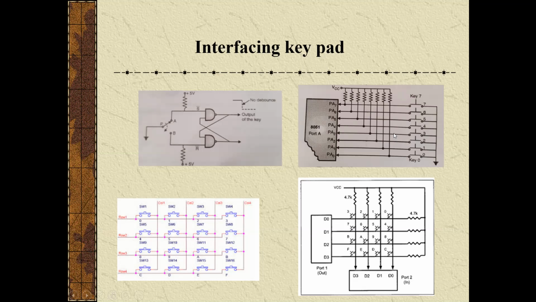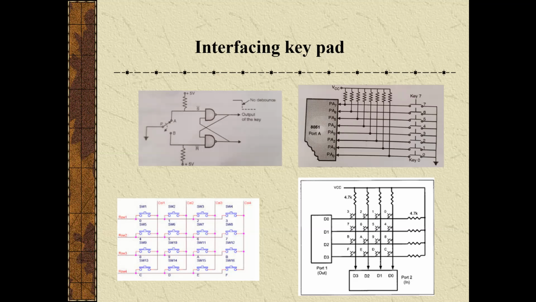In the non-matrix keyboard, the key closure is identified by reading the port data, but it requires many port lines. The number of IO lines is equal to the number of keys.